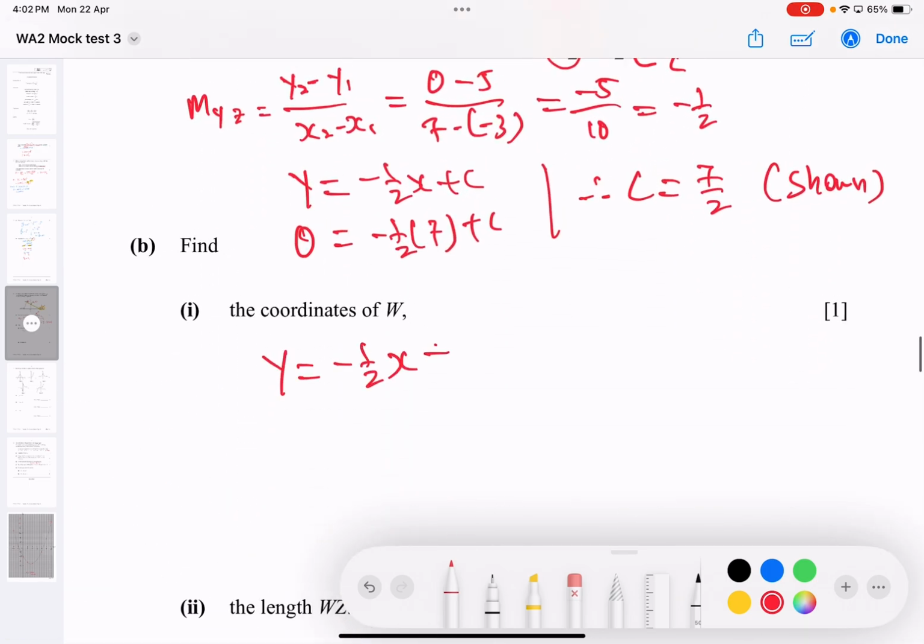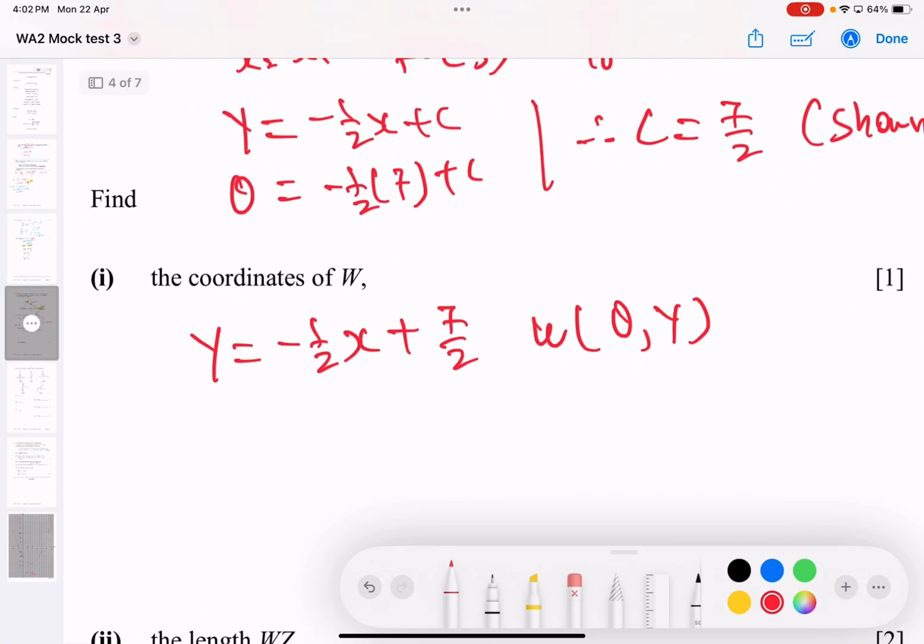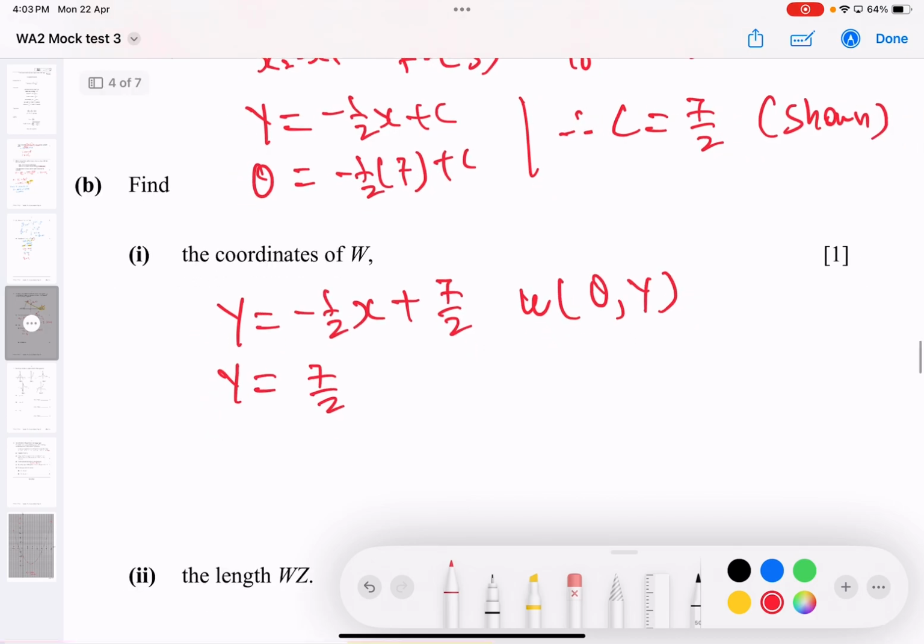At the point W, I know that x is 0. I don't know what is y. So I'm going to substitute in here to find out what is my y. When my x is 0, y is just 7 over 2. So the coordinates of W will simply be (0, 7 over 2), or you can write it as 3.5.